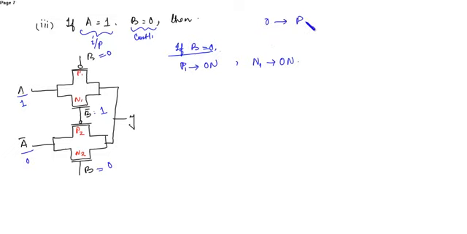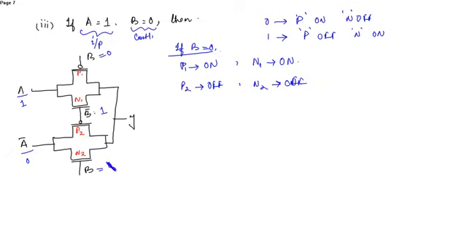Okay, as we know, at 0 the PMOS turns on and NMOS turns off. At 1 the PMOS turns off and the NMOS turns on. Okay, here 1 is applied at P2, so P2 will turn off. Sorry, N2 will also turn off because here 0 is applied at N2.